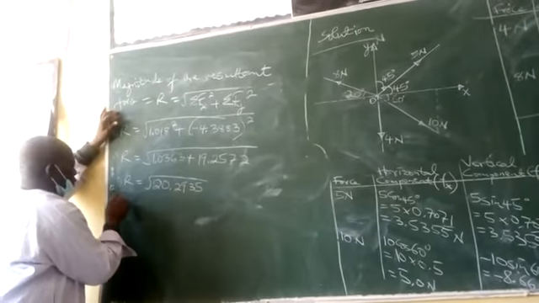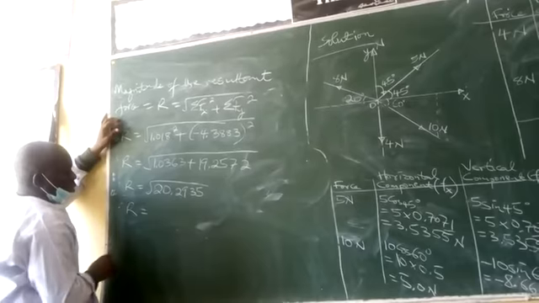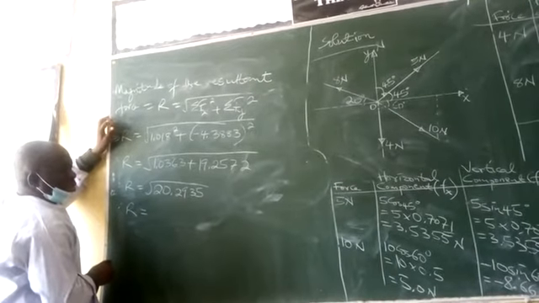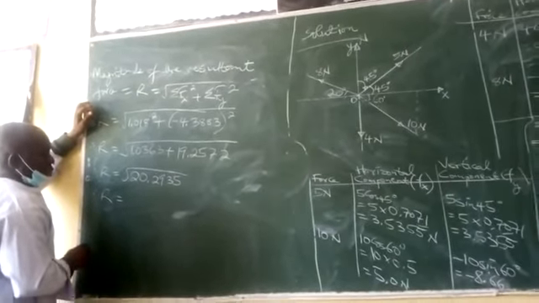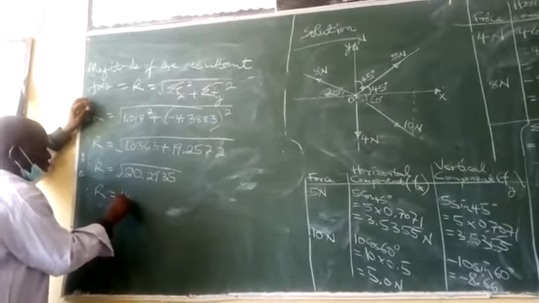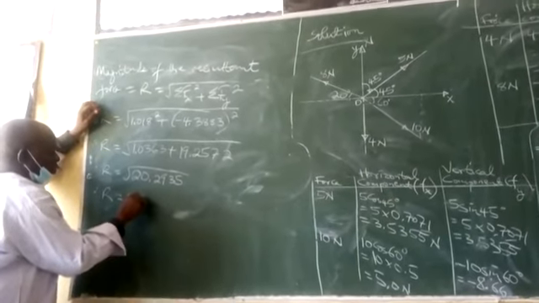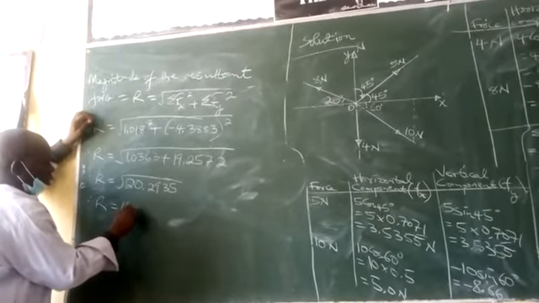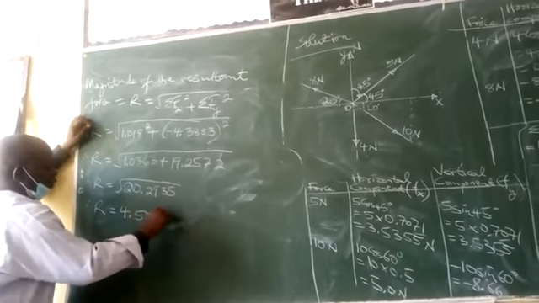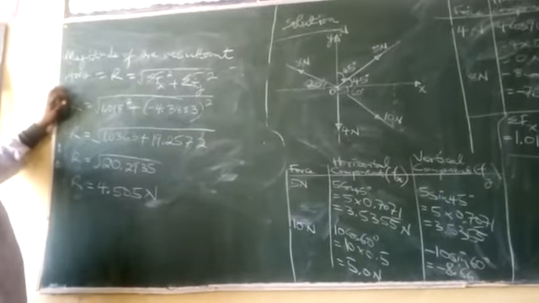Then the root of that is 4.505 Newton. So that is the magnitude of the resultant.